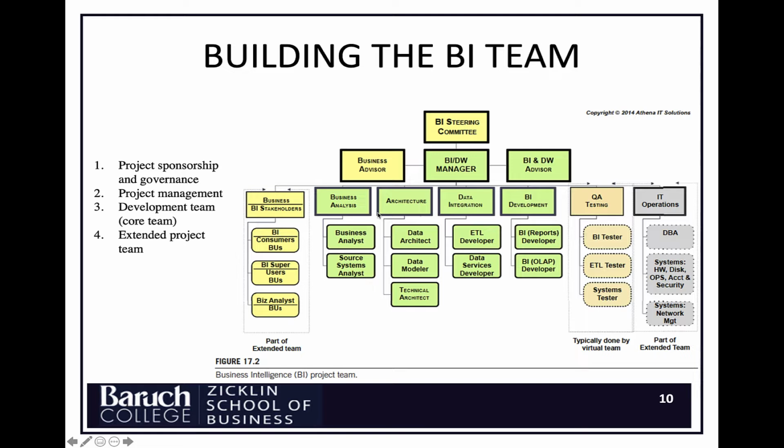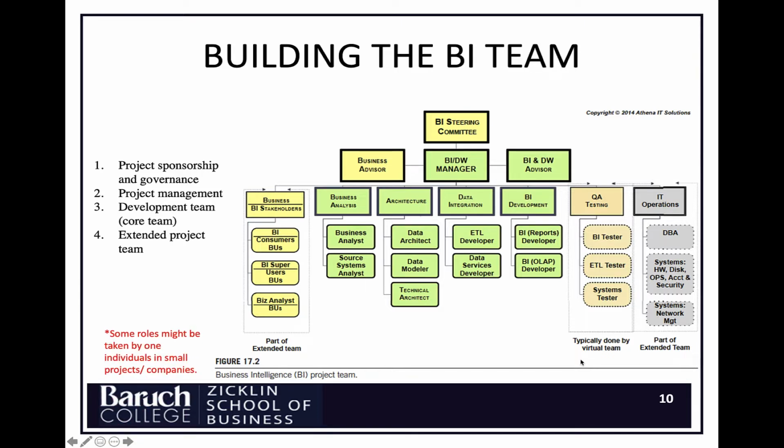And then we have the extended project team, which is going to support our development: people involved in testing, people involved in maintenance. We might even have a team for training or business analysts who are going to play a secondary but important role for our project.